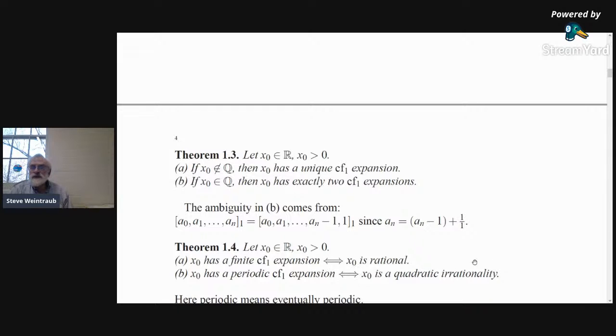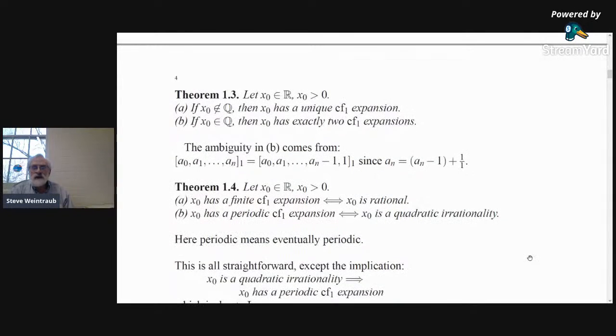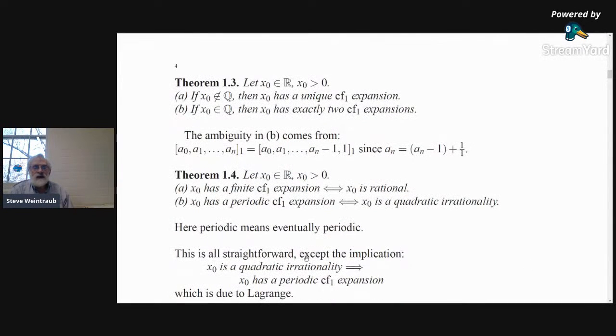And 3/4 of this theorem is very straightforward. 1/4 of this theorem is a real theorem: the implication that if x0 is a quadratic irrationality, then its classical continued fraction expansion is periodic. That's due to Lagrange, an 18th century theorem.